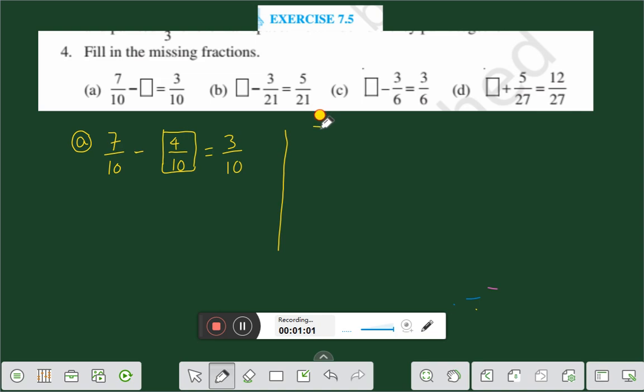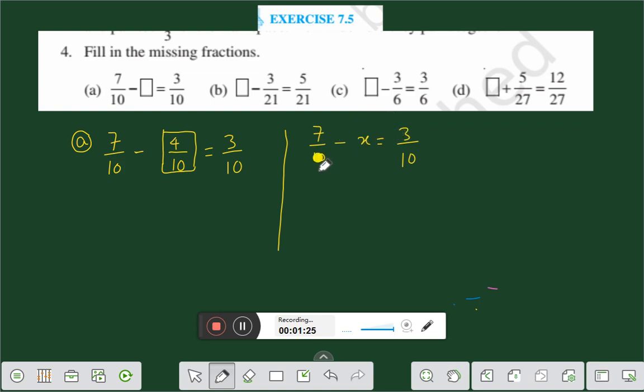Suppose 7 by 10 minus x is equal to 3 by 10. Now, in equation form, if this x goes to the right side after the equal sign, the minus sign will change into plus.